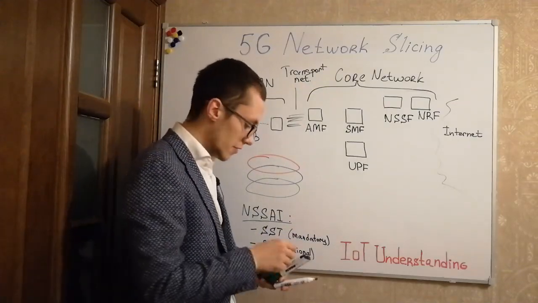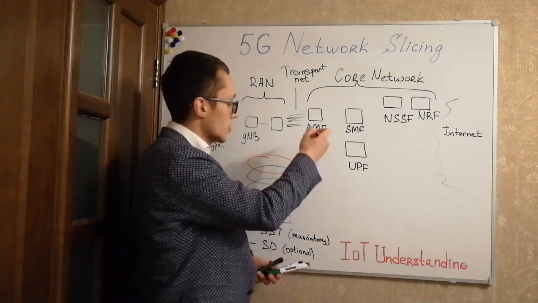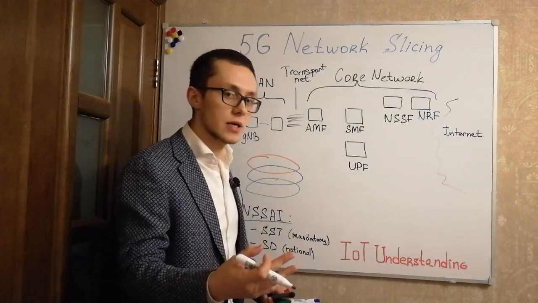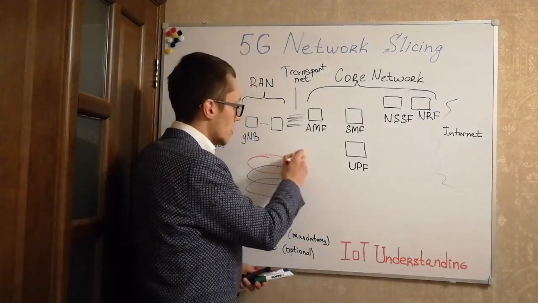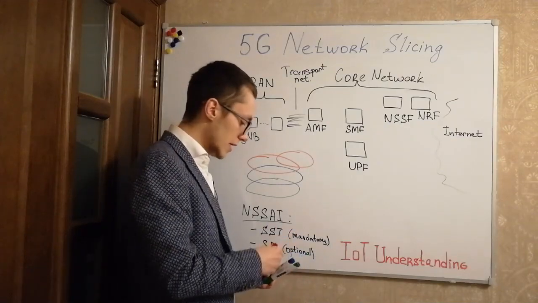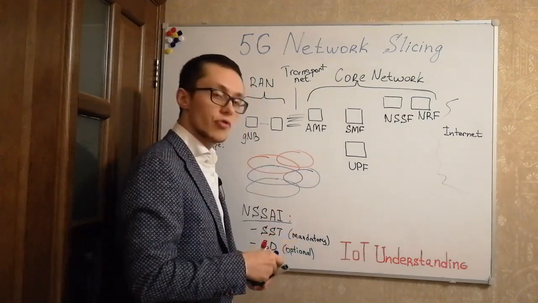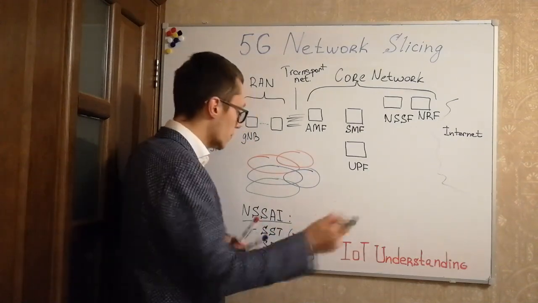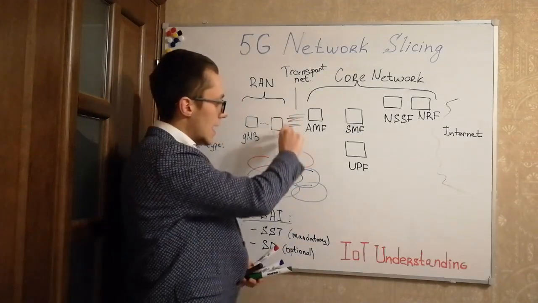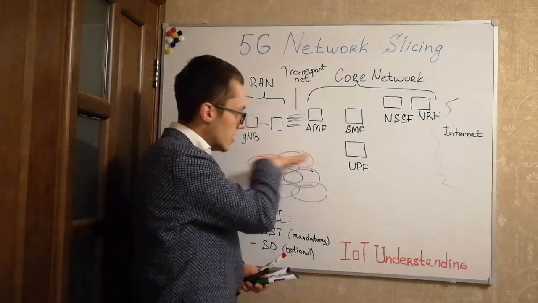We can configure transport using soft slicing or hard slicing for the enhanced mobile broadband case, for ultra reliable low latency communication, for Internet of Things, so we can have isolated and dedicated layers.